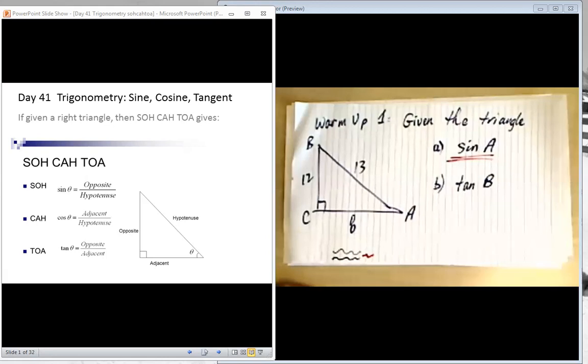What's an example of one of the labels you're going to use? No formula yet. It's coming up. But what are some labels? What are the names you're going to use when labeling sides?